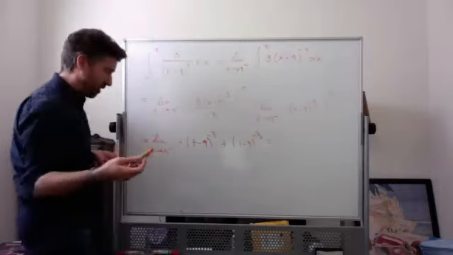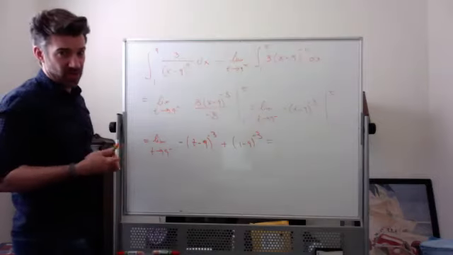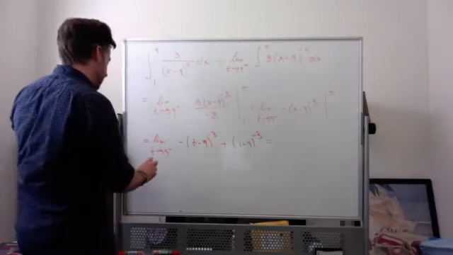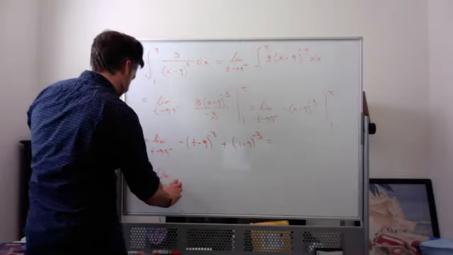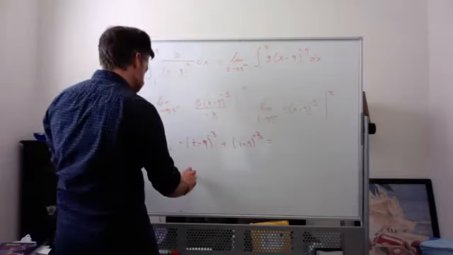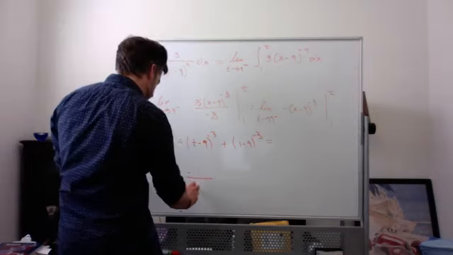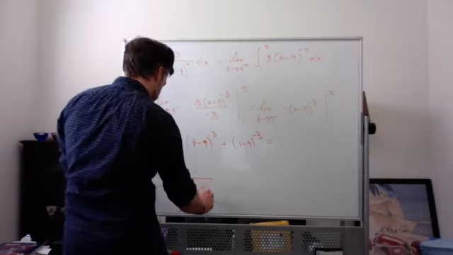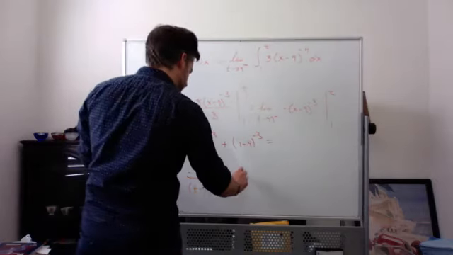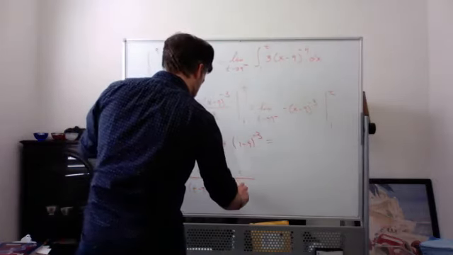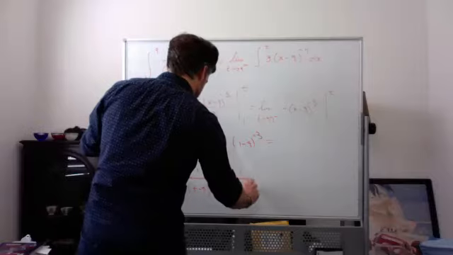And I recommend, whenever I have a negative power, I really prefer rewriting. I would rather write this as the limit as t approaches 9 from the left of negative 1 over (t minus 9) to the positive third. And the same deal here: plus 1 over (1 minus 9) to the positive third.